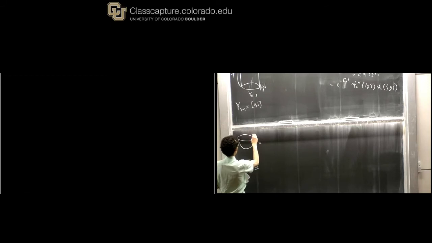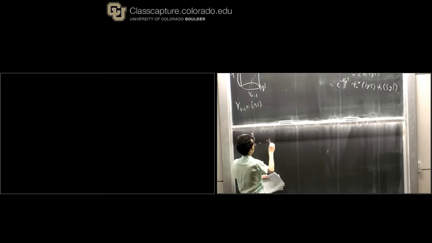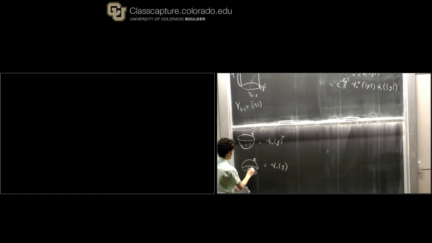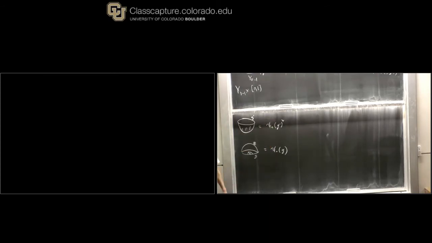We have G prime and G. So this partition function, where this is capped off, would evaluate psi 0 of G prime star, and this one would evaluate psi 0 of G here. And there are triangles going into the bulk, so that's okay. I'm not keeping track of the orientation, but if I did, then I would figure out the stars and so on. Okay, so that's nice.